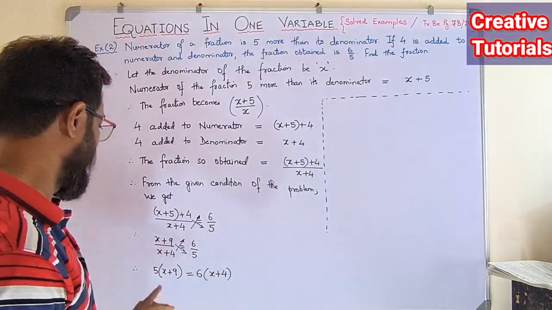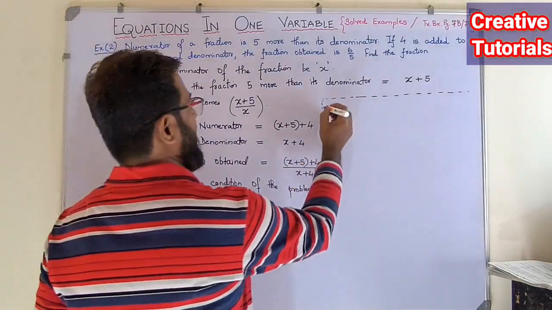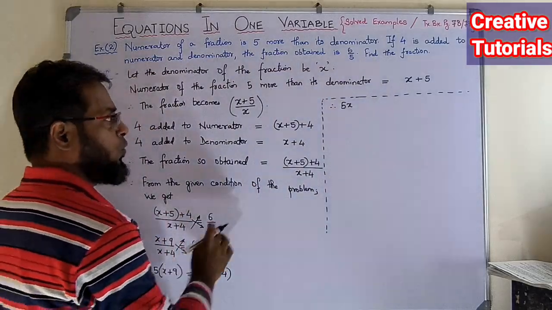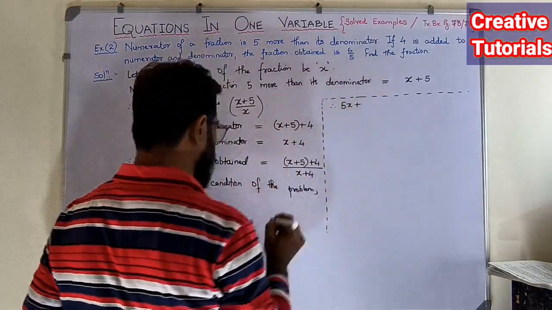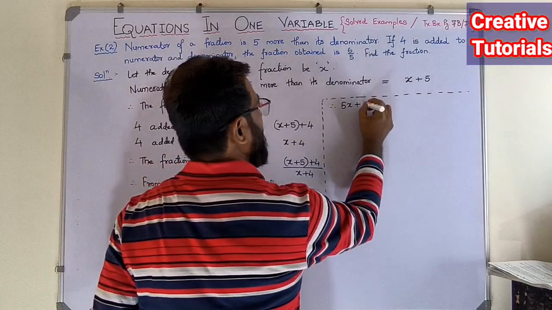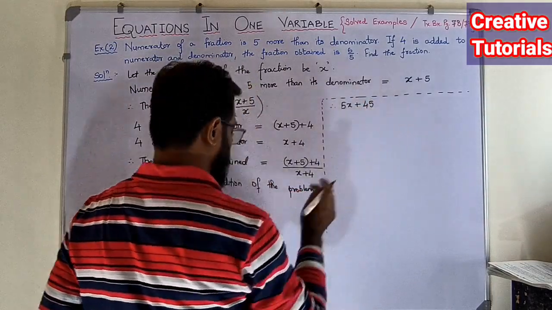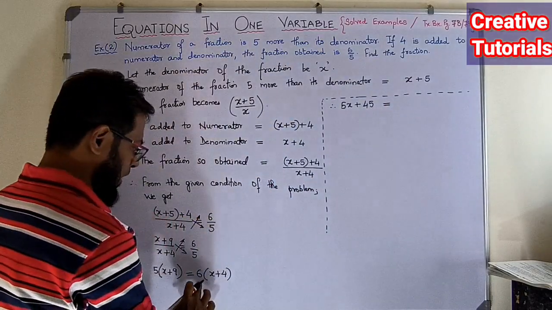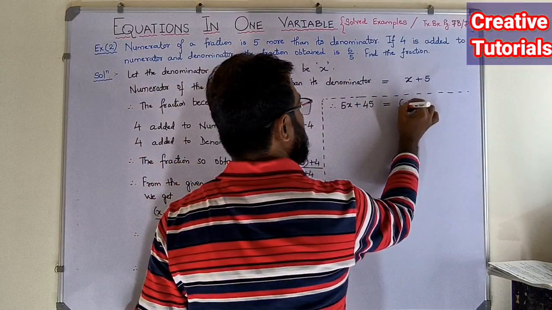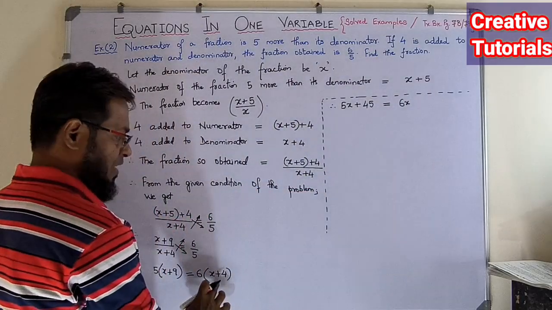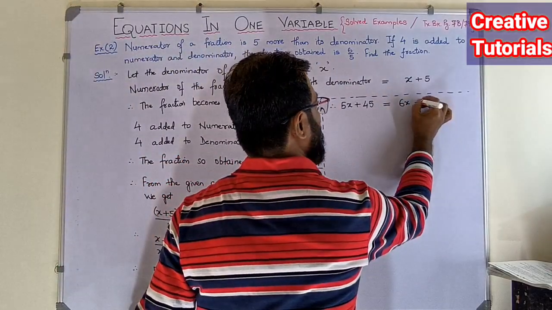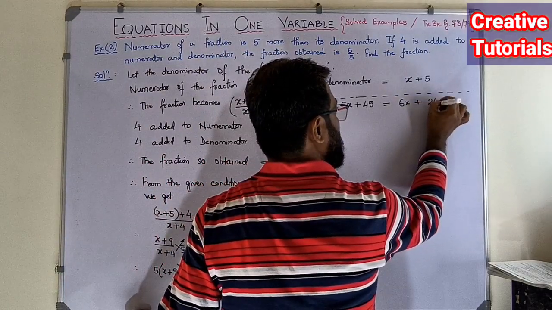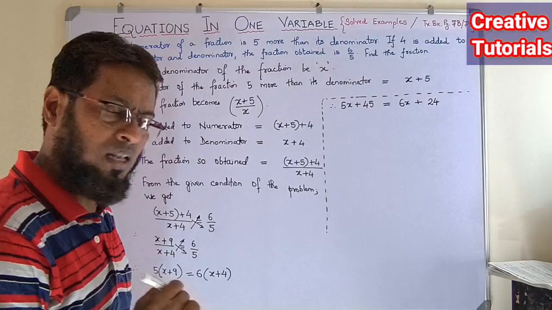So 5 into x gives 5x, and since we have plus here, we put plus here. Then 5 nines are 45, equal to 6 multiplied by x, which gives 6x, plus, and then 6 fours are 24. Very simple.